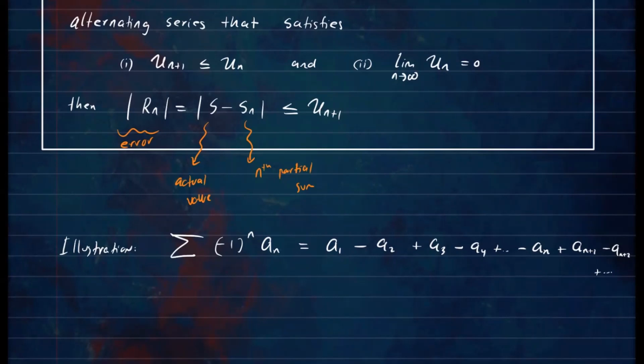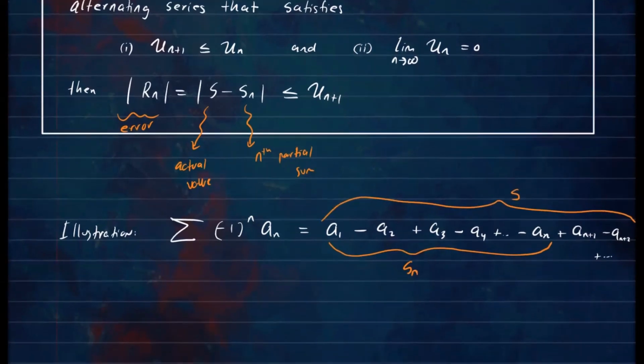If you add up these first terms right here, this is your S sub n, which is the nth partial sum. But we know that this converges, so all of these infinite number of terms converge to some S. That means whatever terms we leave out, from a sub n plus 1 all the way to the end, that's how much we leave out. Those are the errors.